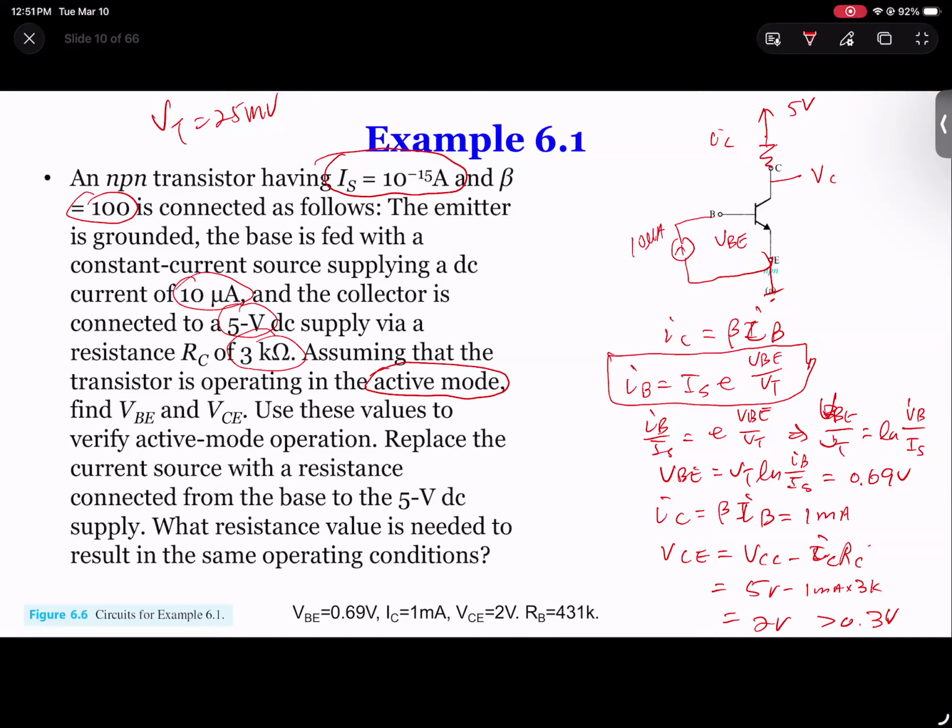We got the voltage VCE, then you find that this VCE got to be wrong. It's not going to work, right?